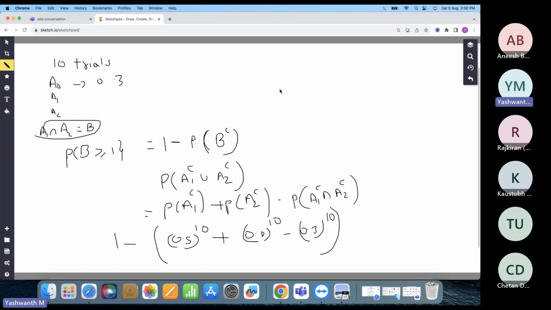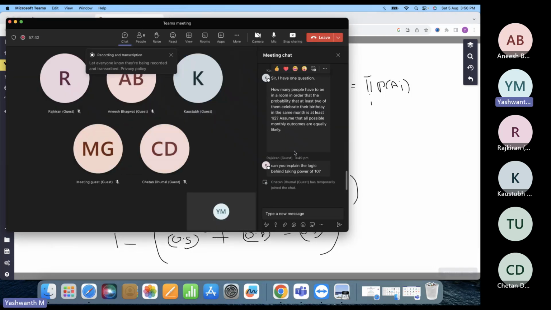For independence, you must be knowing this thing, right? This product of P of Ai, right? Is that clear, Raj Kiran? Is the logic of taking power of 10 clear? If 15 trials, you have to put 15 there.